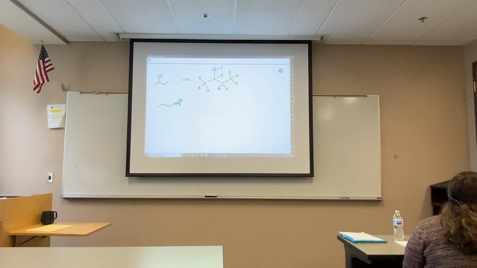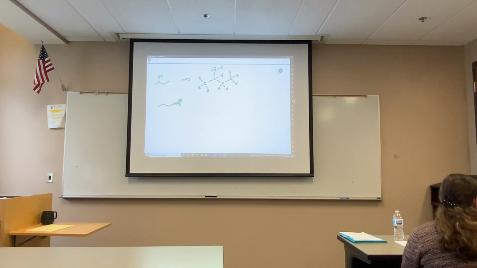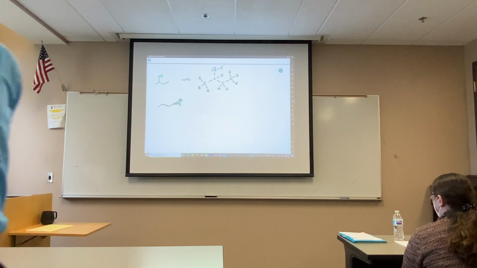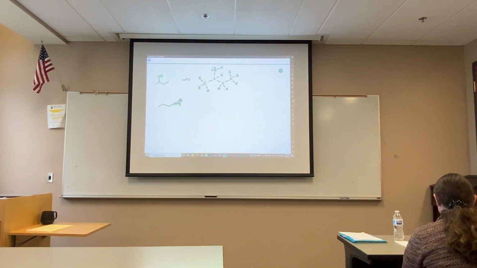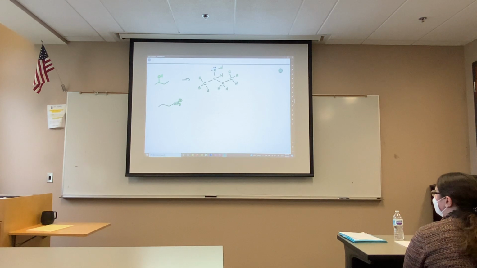Where's the positive charge? Well, because nitrogen. When you're drawing your Lewis structure, always show your charges. It's just because nitrogen's formal charge is 0 with 5 valence electrons.